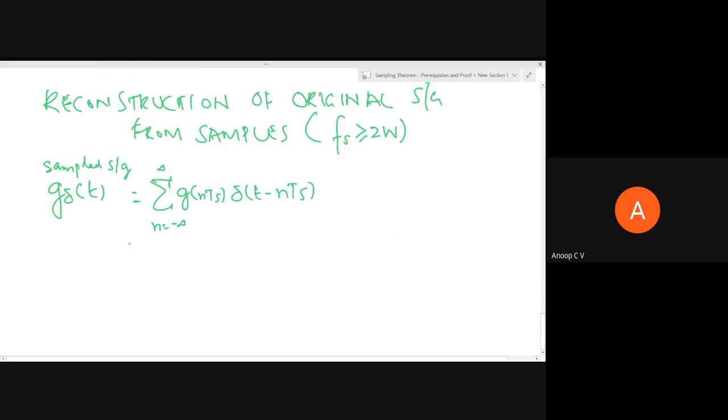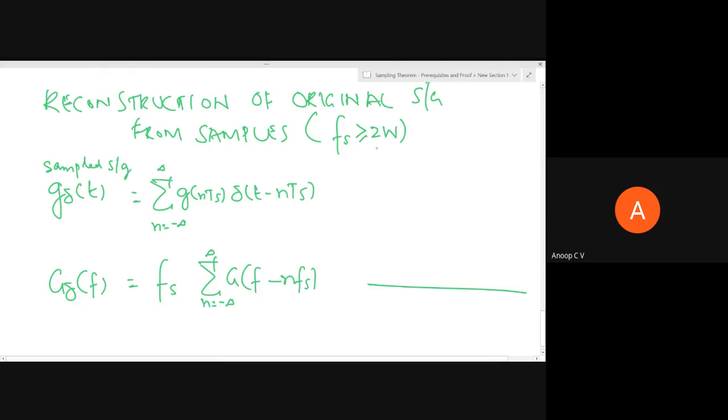The spectrum of this will be G delta of f, which is equal to fs times the summation over n from minus infinity to infinity of G(f minus n fs). We can use n or m or anything; I've used n here in both cases, it doesn't matter.